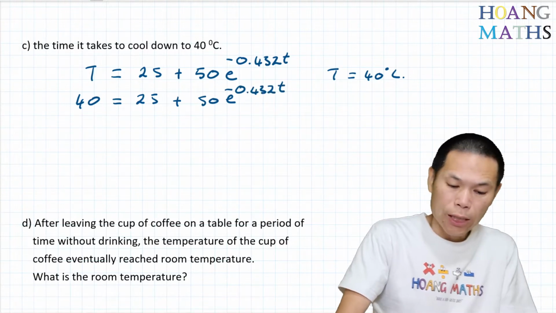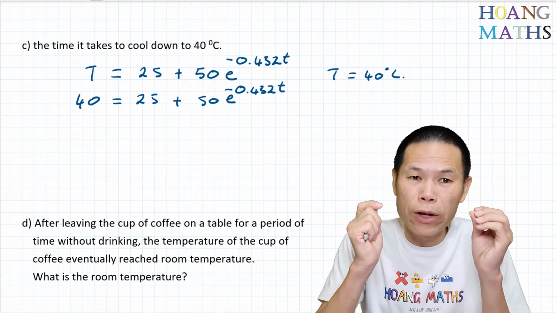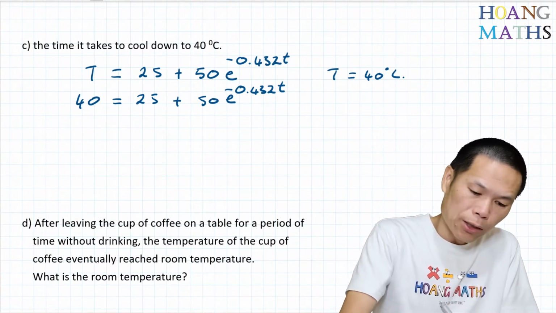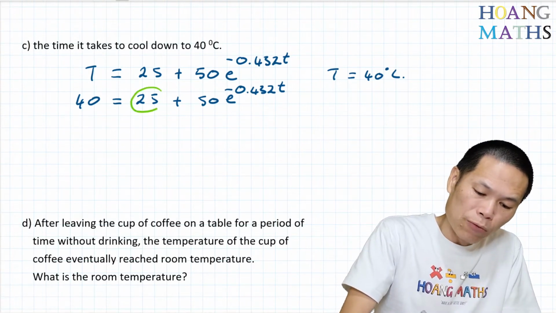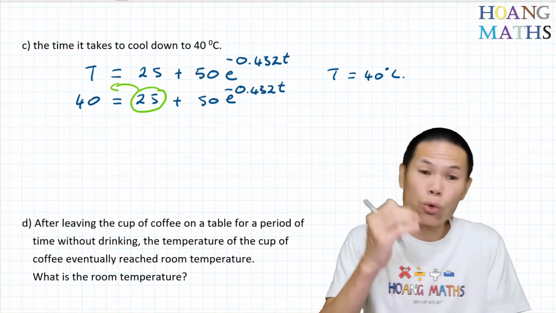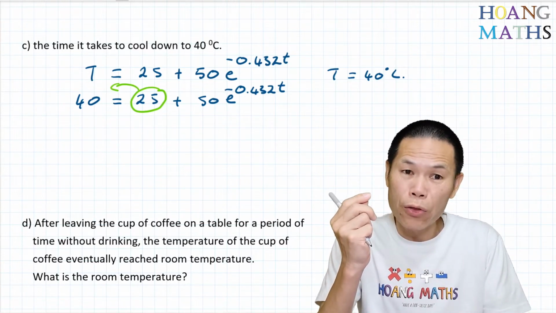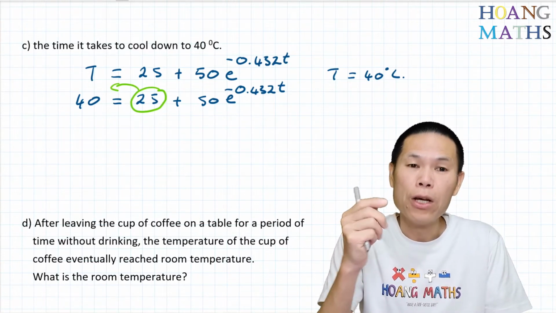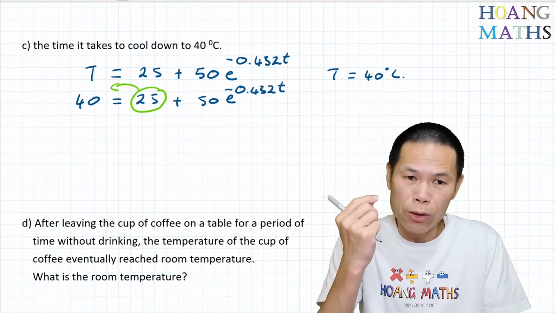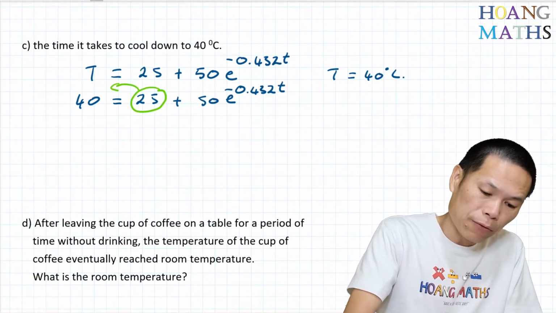So now what I do, I minus 25 on both sides. Otherwise, I can just move this to that side and it becomes negative 25. So 40 minus 25 is 15.